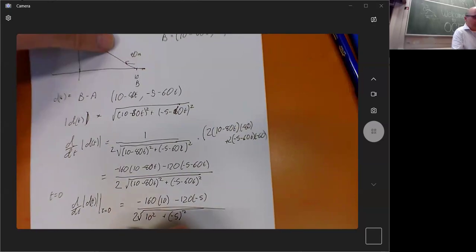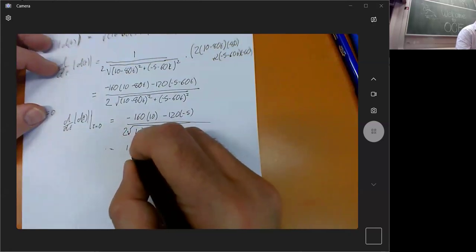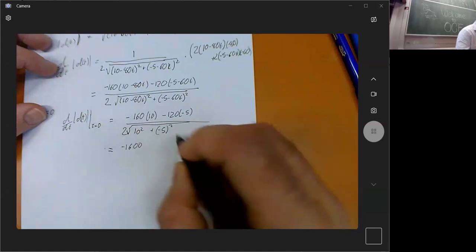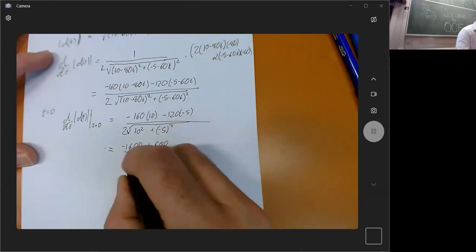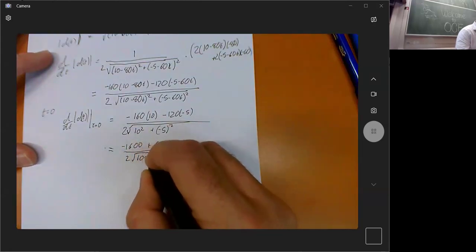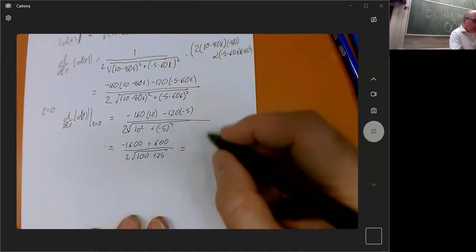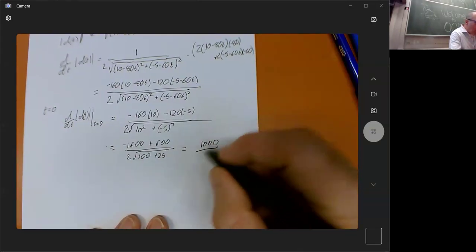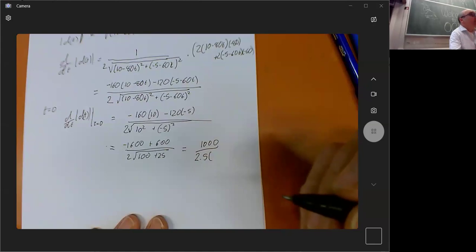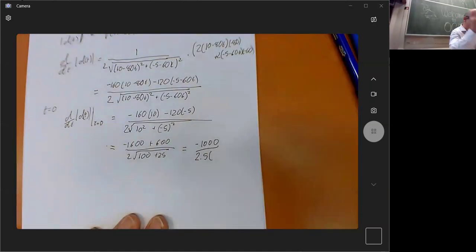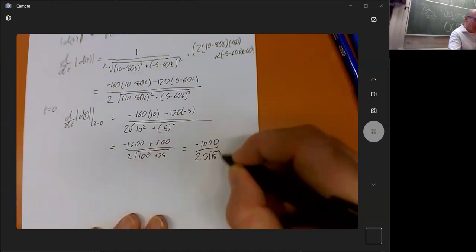Let's push it up. So 1,600 plus 600, over 2 square root of 100 plus 25, is going to be equal to 1,000 on 2 times 5 times square root of 5.